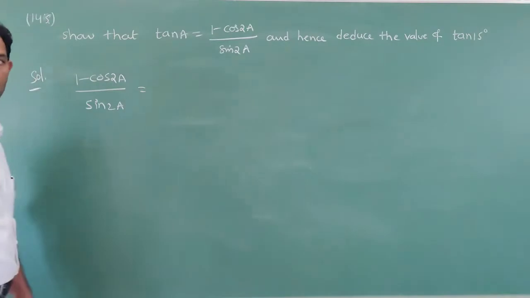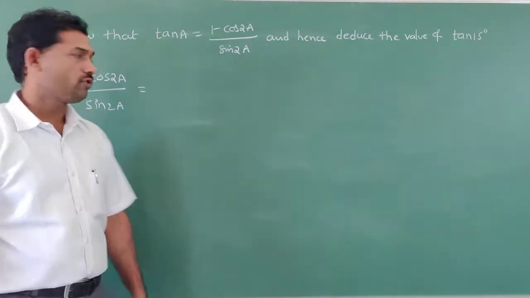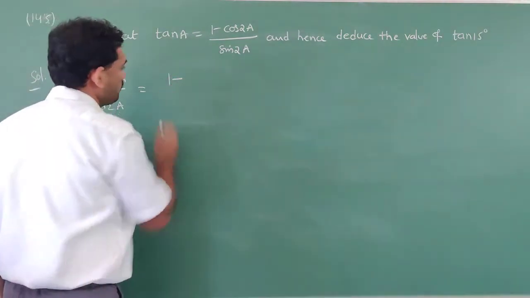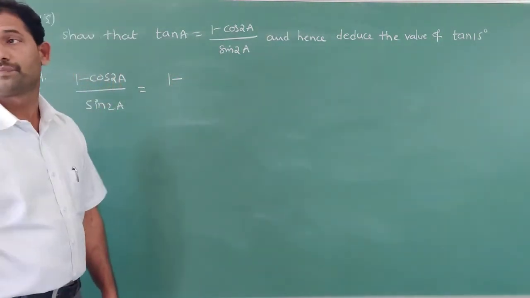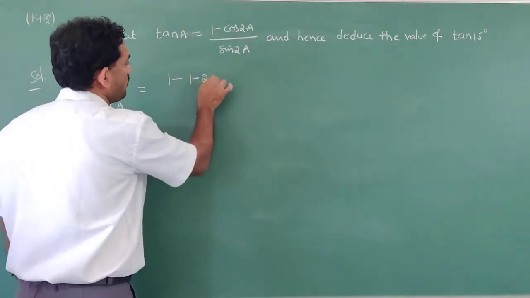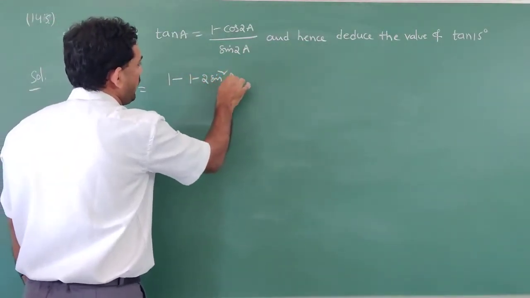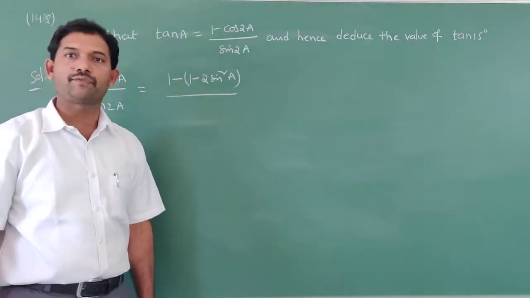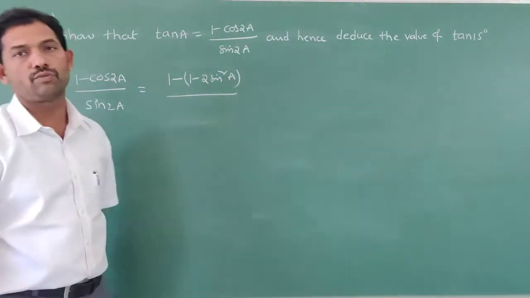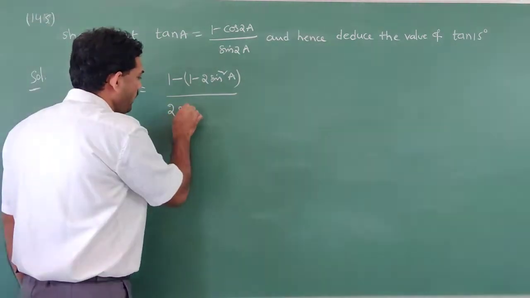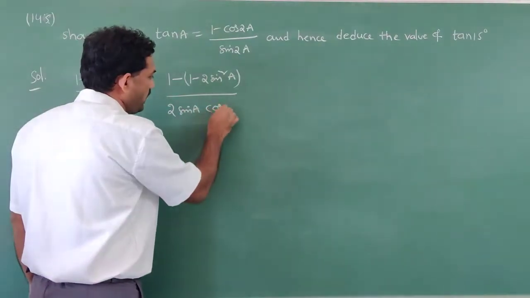For 1 minus cos 2A, the formula in terms of sin: 1 minus cos 2A is 1 minus, 1 minus 2 sin square A. And the sin 2A formula is 2 sin A cos A.